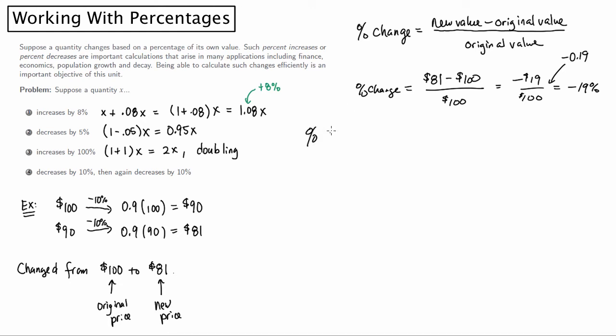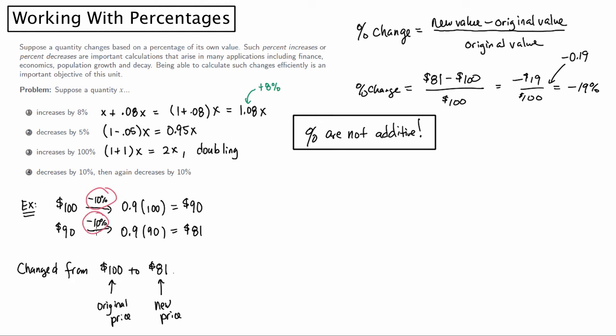So the point is, percentages are not additive. And maybe if you get nothing else out of this video, I want you to walk away with that. What I mean by percentages are not additive is, here for this problem we lost 10% twice.